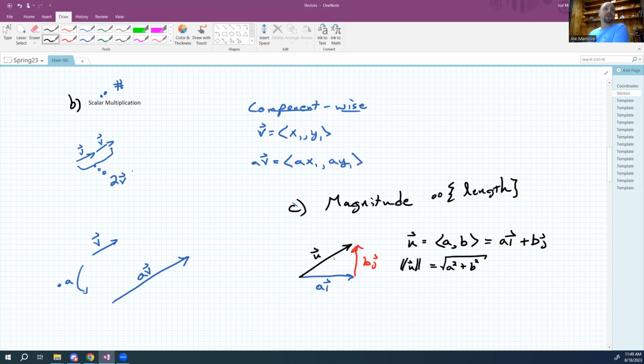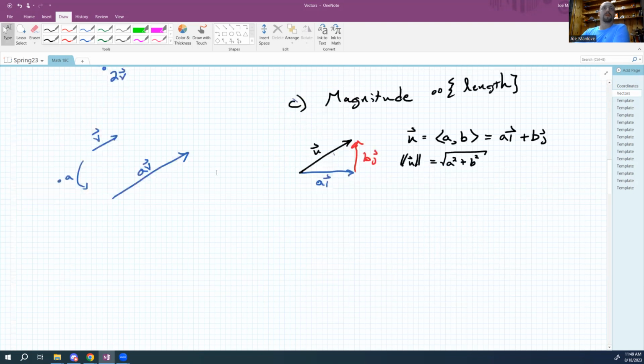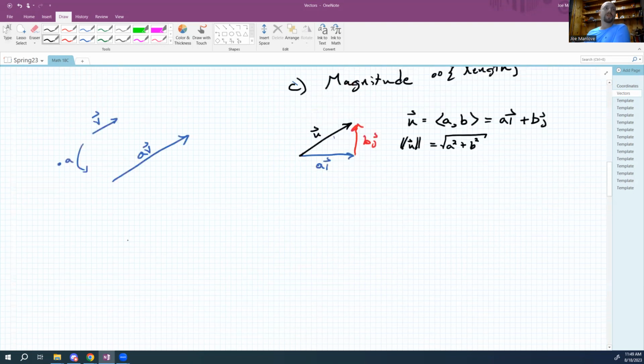We've got component-wise scalar multiplication. I've got the idea of scalar multiplication with pictures. I've got my vector addition. So let's go back to vector subtraction. How do you think vector subtraction works? If I wanted to do something like, I'm going to call this D, even though we didn't say we were going to get a D, this is subtraction.